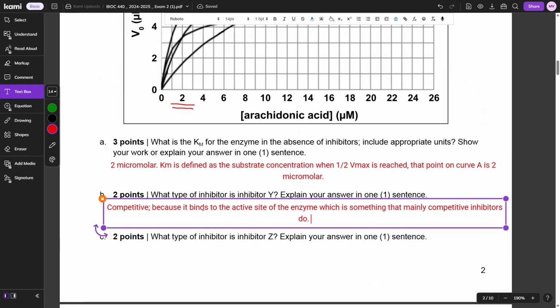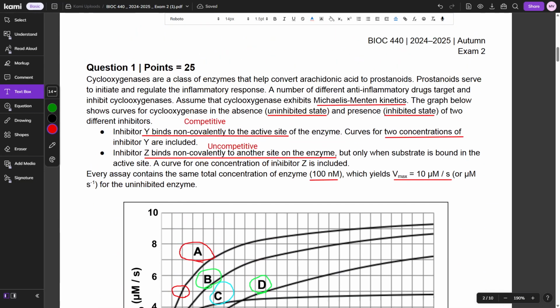And what type of inhibitor is Z? If we look up here, Z binds non-covalently to another site of the enzyme when the substrate is bound to the active site. So we're looking at that enzyme-substrate-inhibitor complex, right? Because it's binding to that intermediate where the enzyme and substrate are bound together, it's going to be an uncompetitive inhibitor.